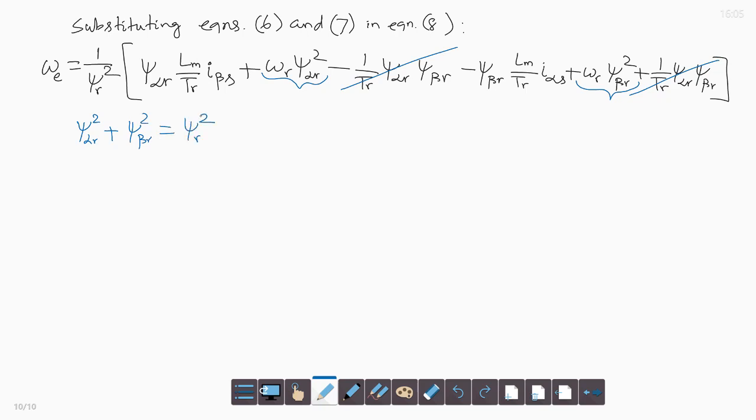So, combining these two terms and taking it outside the bracket, we have omega e equals to psi r square cancels.